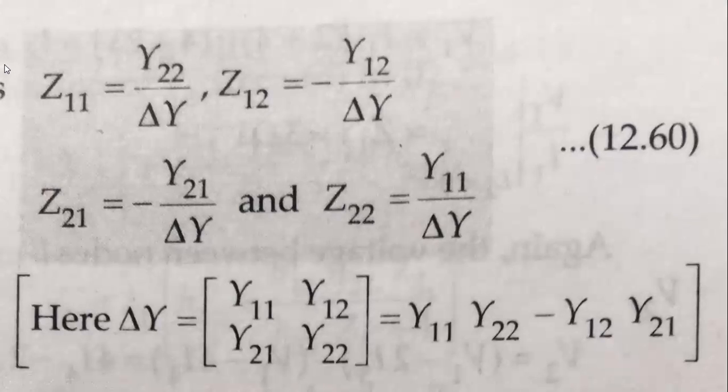Again, the same sheet, only the reflection: if I'm writing the Z parameters in the form of the Y, Z11 is Y22 by del of Y, and similarly for all the parameters 11, 12, 21, 22, where del Y is equal to Y11 Y22 minus Y12 Y21.